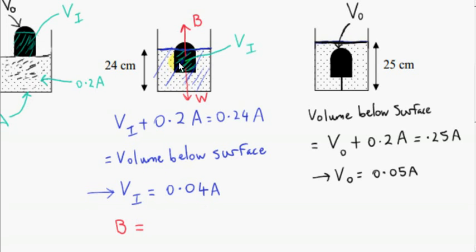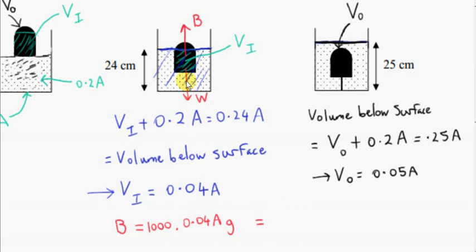And we know also that the weight of liquid displaced is got by taking the density of the liquid, which is 1000 in this case, it's water, times the volume of the liquid displaced, which is equal to the volume of the immersed part of the object, which in terms of the cross-sectional area of the cylinder A is 0.04 A. That's density times the volume of water displaced, and we multiply by g to get the weight of water displaced.